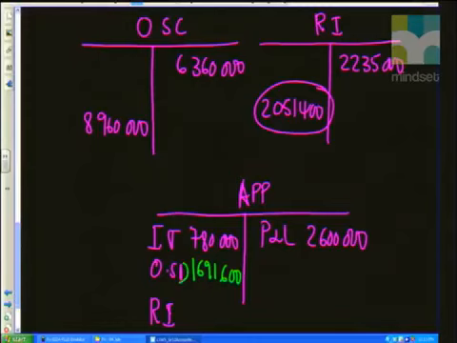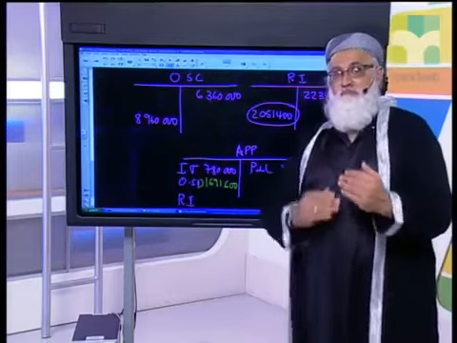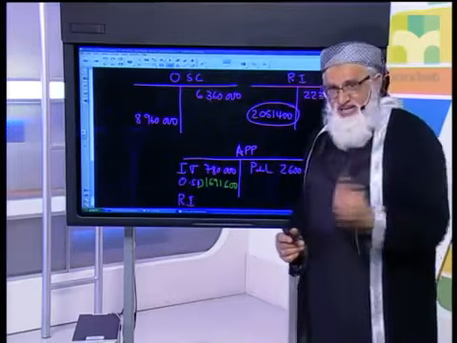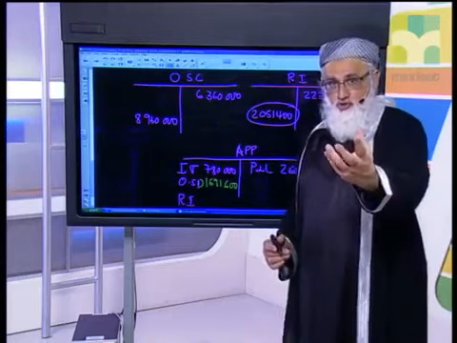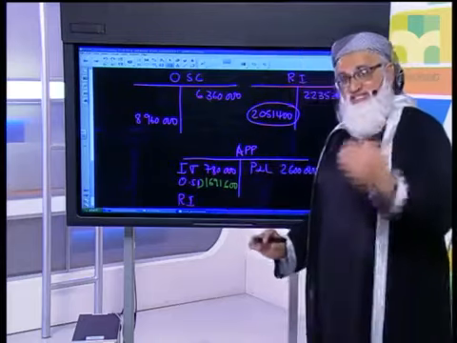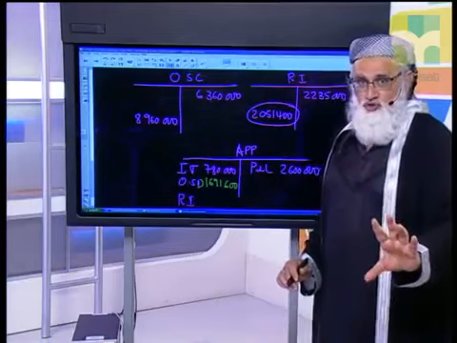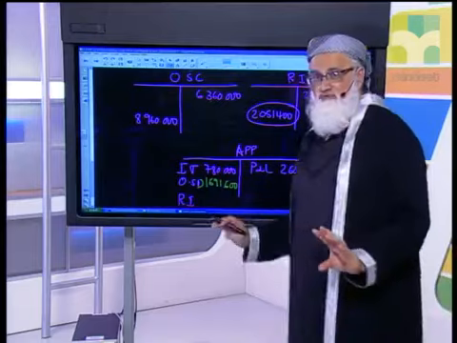And the retained income amount that you get there is what you take back to your retained income account. Now, obviously, there are different methods. I'm emphasizing this because I want to draw your attention to the fact that there are different ways in which you can handle this appropriation account. The choice is entirely yours. This is just one way of doing it.